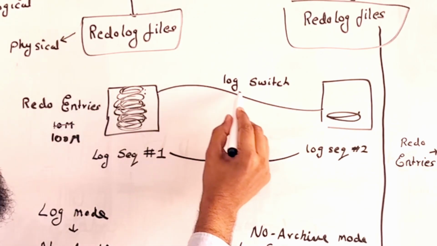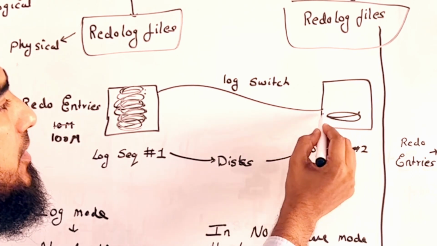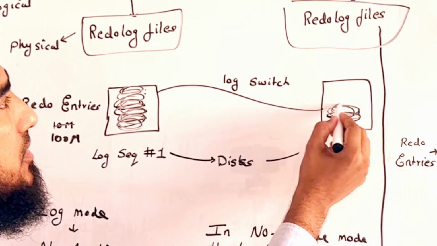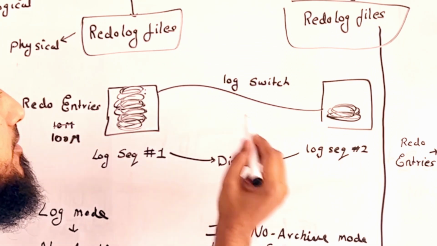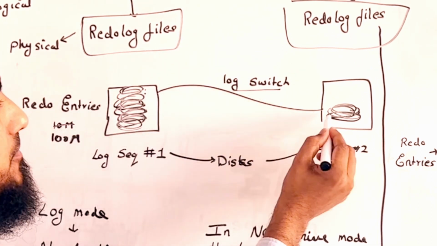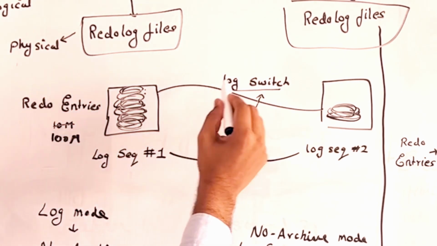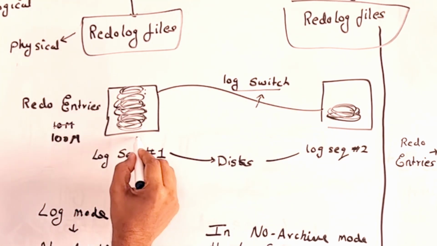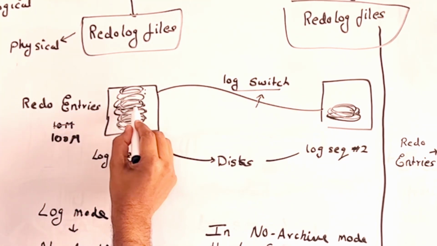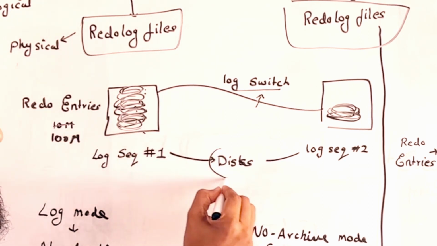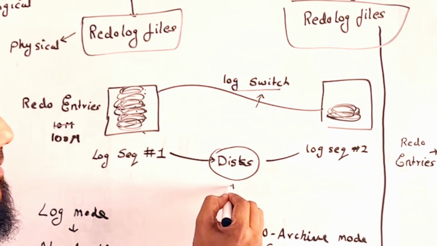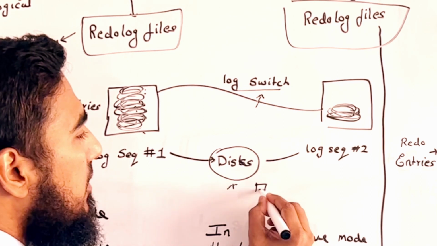There would be a log switch, and then the writer would write to the second redo file. Log switch will happen. Once this log switch happens, the data from here is written to the physical disk in the form of another file.